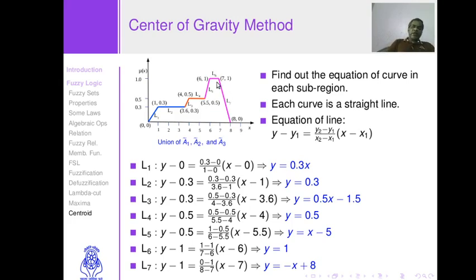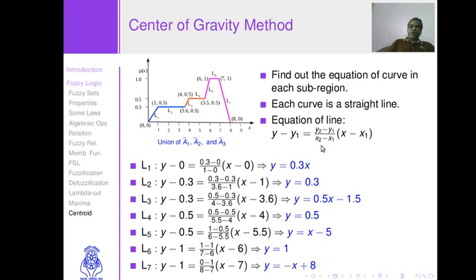If you consider the entire region, the integration varies from 0 to 8, but it would be difficult to determine the equation for this curve. If you divide this curve into different segments, we can easily determine the equation for the curve representing a particular segment, because each segment is nothing but a straight line, and the equation of a line is given by this standard formula.